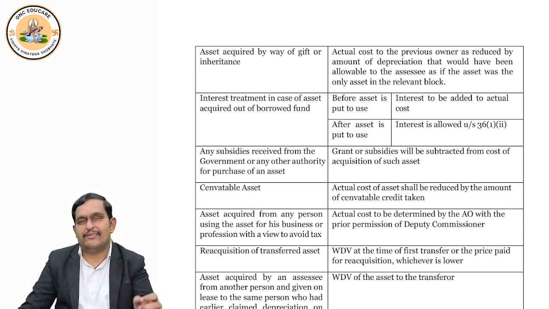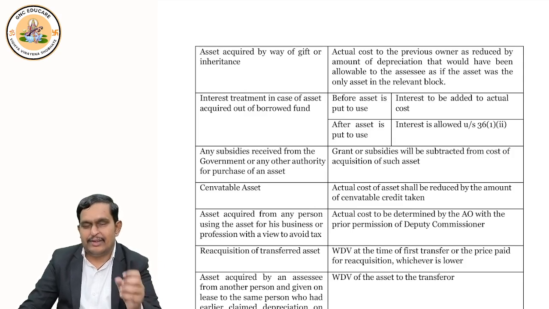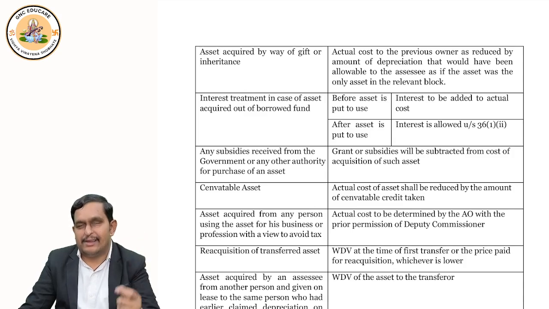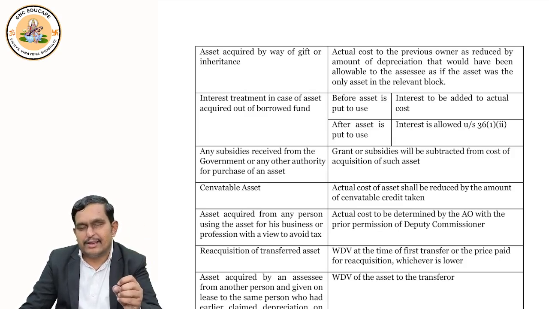So basically whenever we get a gift, or through a will we get the asset, suppose the previous owner kept it for 5 years. Whatever is the cost to that previous owner minus that 5 years' depreciation, whatever WDV comes, that is the cost to us.